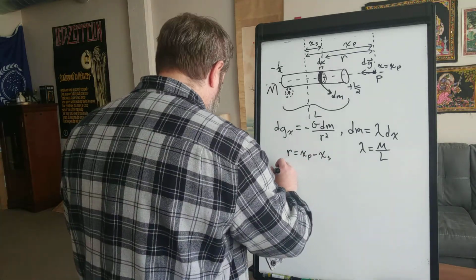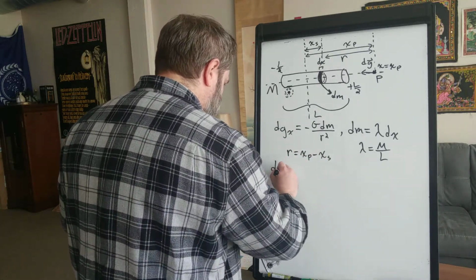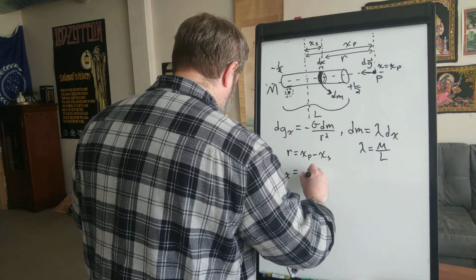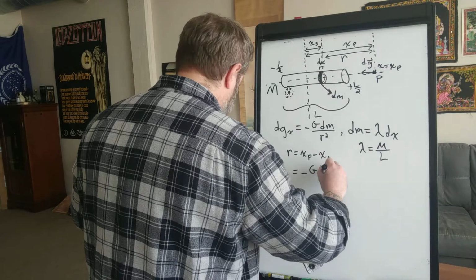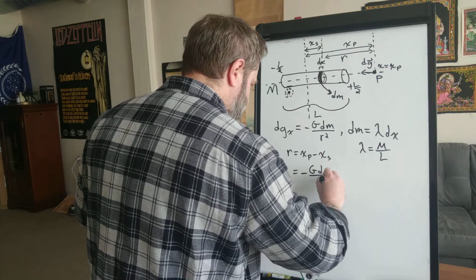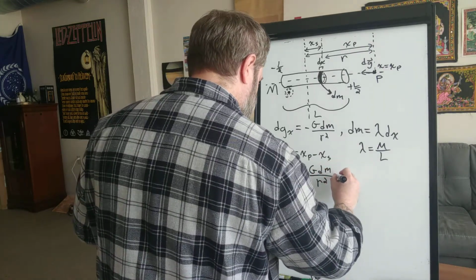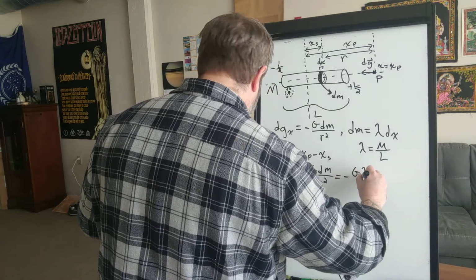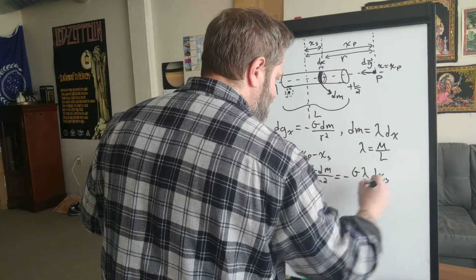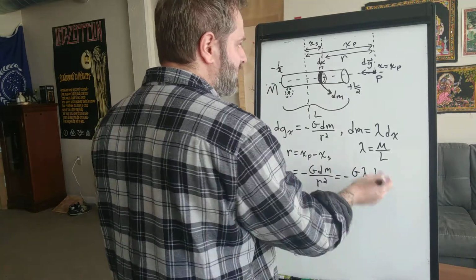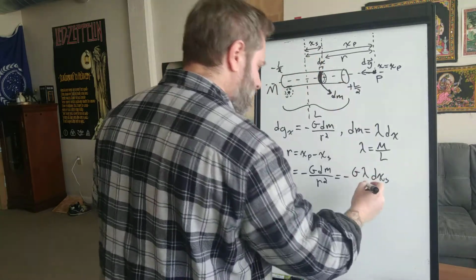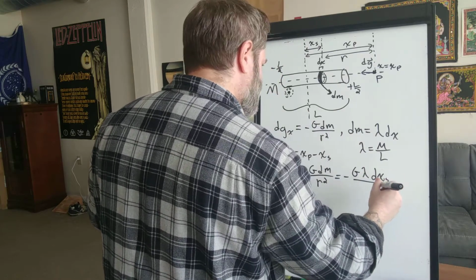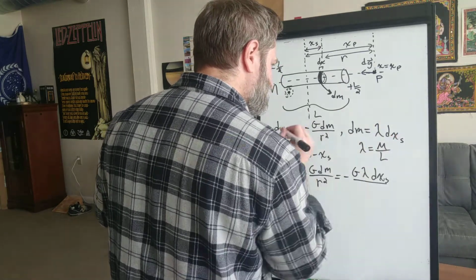So then if we were to write this dg again in its full glory, we get negative G dm over r squared equal to negative G lambda dxs. This is the variable that we're integrating over, this xs, the position of this slice. Should probably have written that there too.